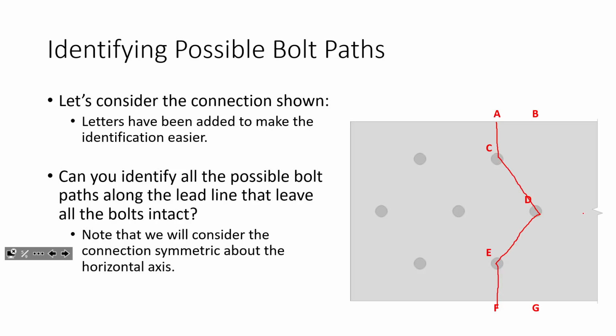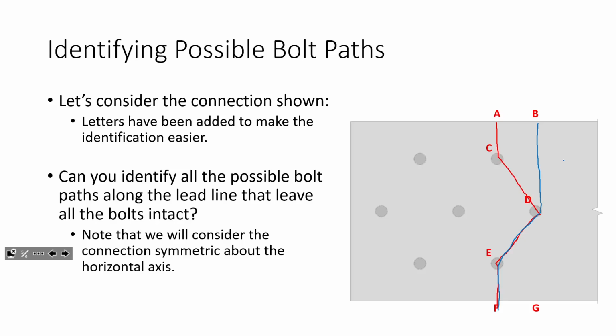So somebody give me another one. Let's try B, D, E, F. All right, B, D, E, F. Okay? So that's going to look like this one. Is that a viable path?